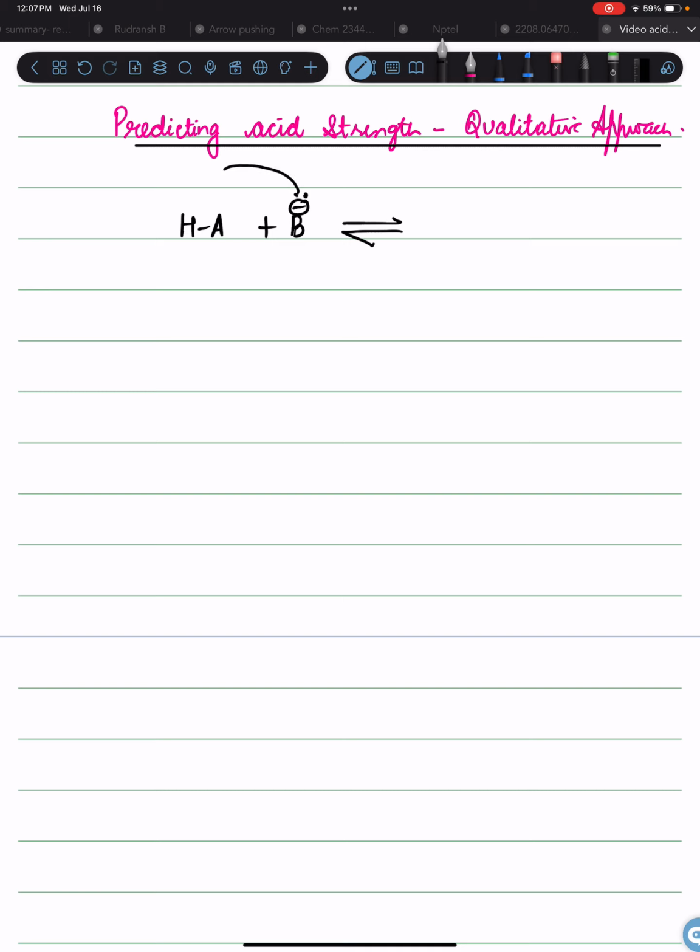So this base takes up the H positive and an anion is generated: BH plus A negative, which is the conjugate base. So this is the acid, this is the base, this is the conjugate acid of the base, and this A negative is the conjugate base of the acid HA.